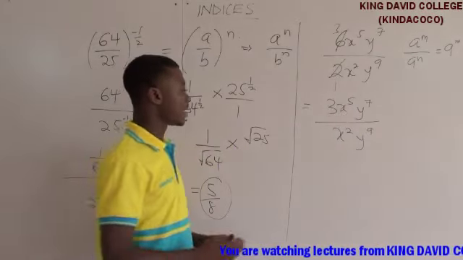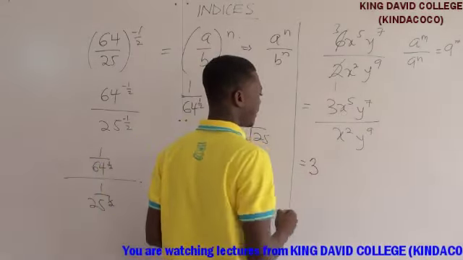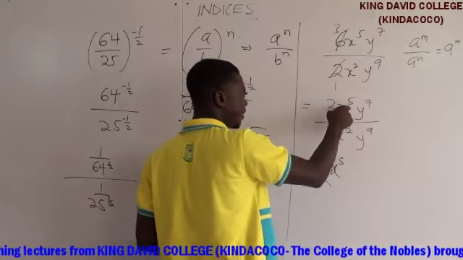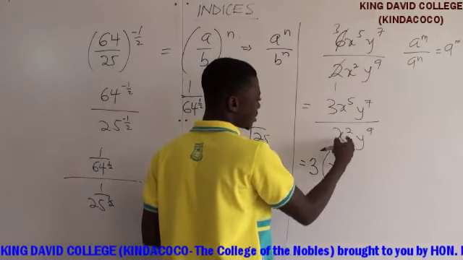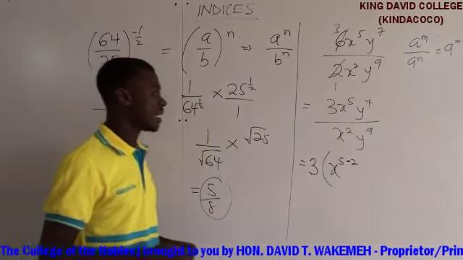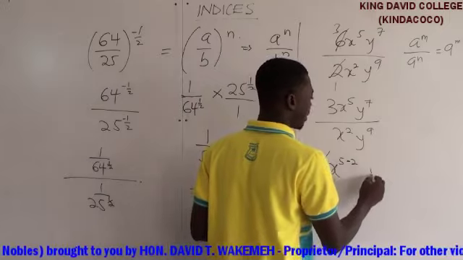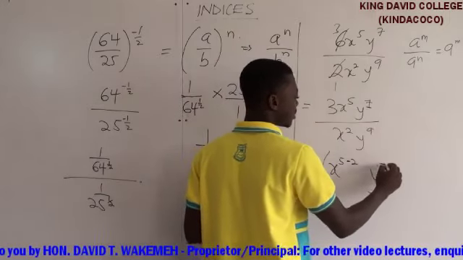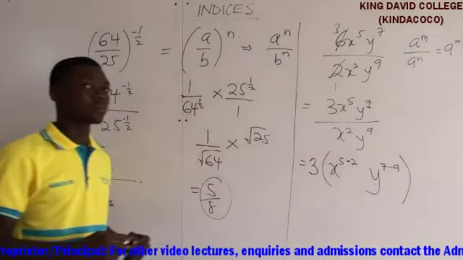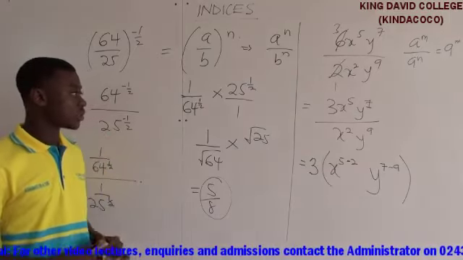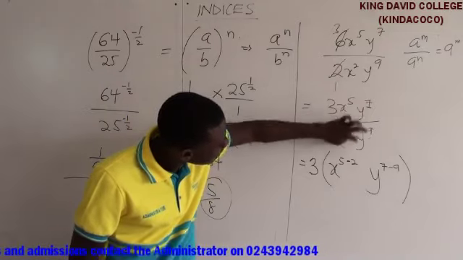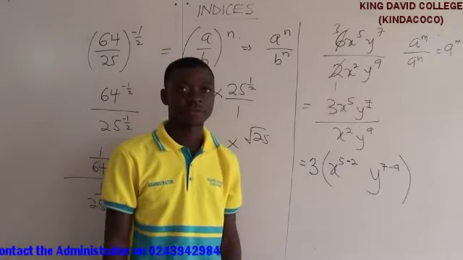So bring the 3 out. Then x to the power 5 at the top minus 2, followed by y to the power 7 minus 9. This is dividing this, so you apply that. This is also dividing this, so you apply that.